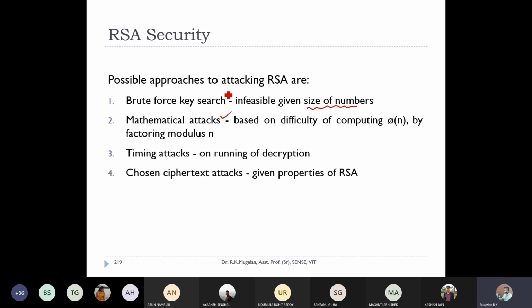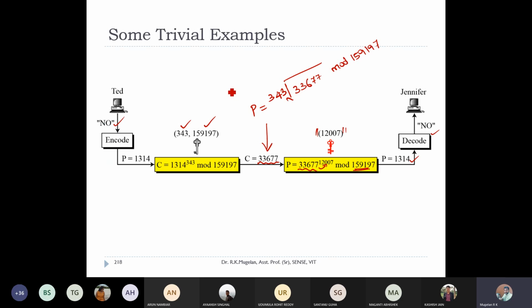Then timing attacks, as I said, they will try to listen to 3 or 4 messages. If your values are smaller numbers, then they will use the Chinese remainder theorem to break through it. And then chosen ciphertext attacks, where they attack only certain weak ciphertexts so that they can compute these things easily if they want. Everything relates to the size of the values of P and Q which you choose.